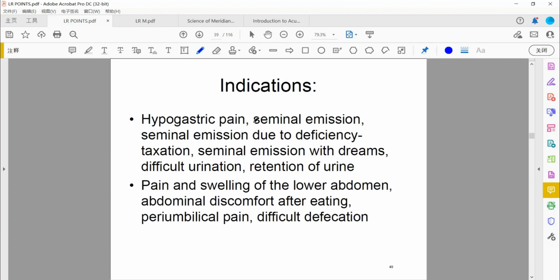Indications. Hypogastric pain, seminal emission due to deficiency taxation.